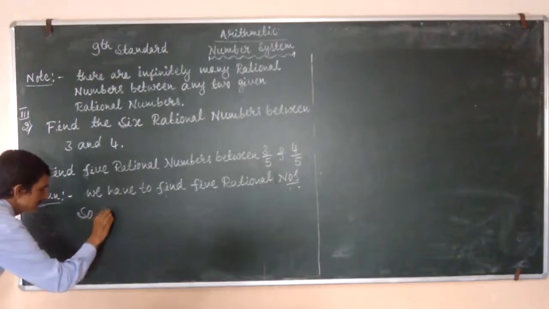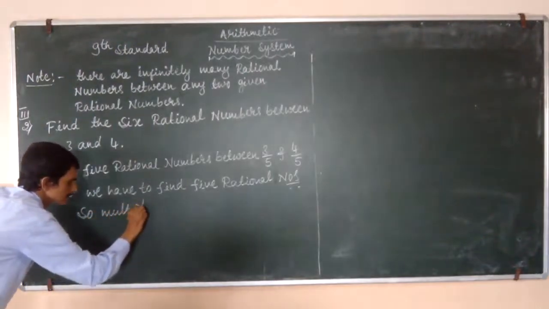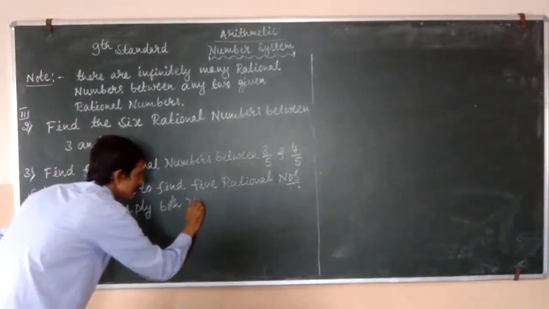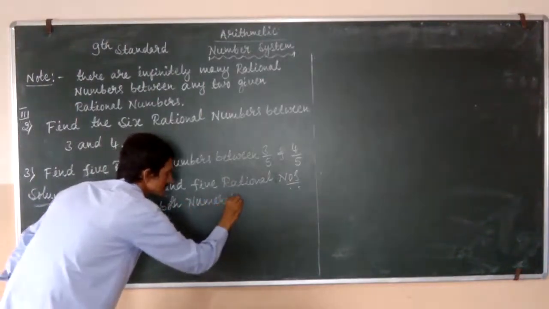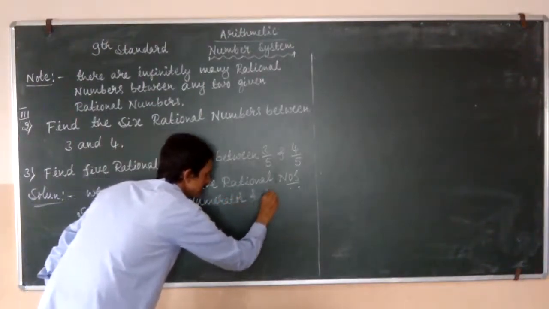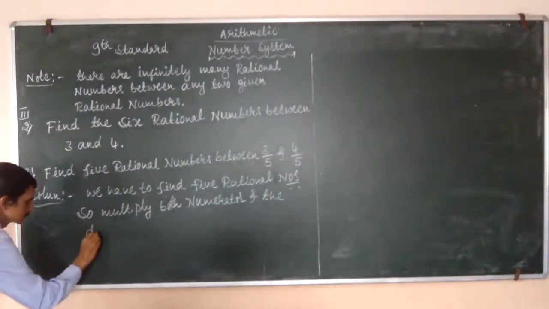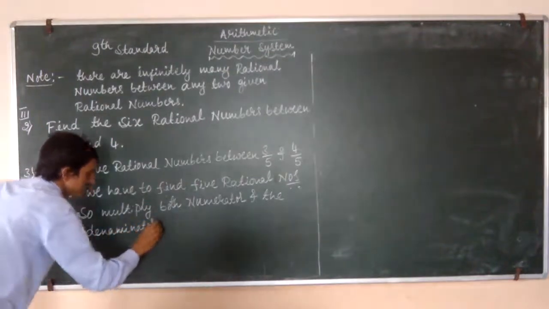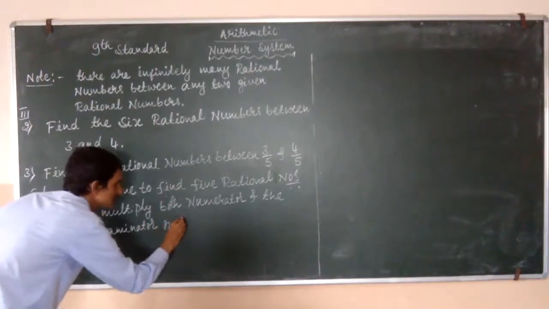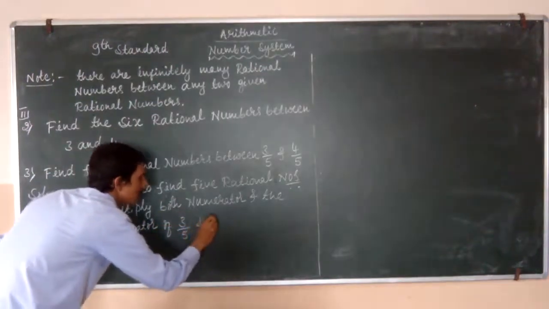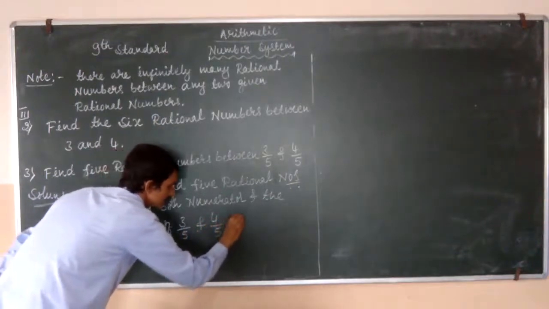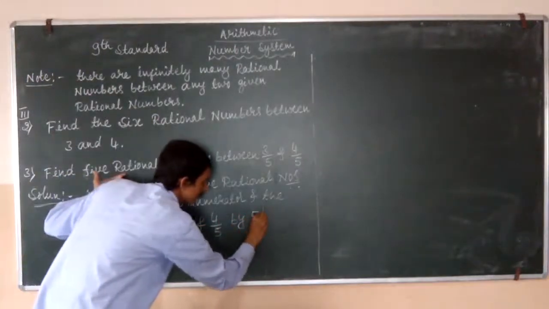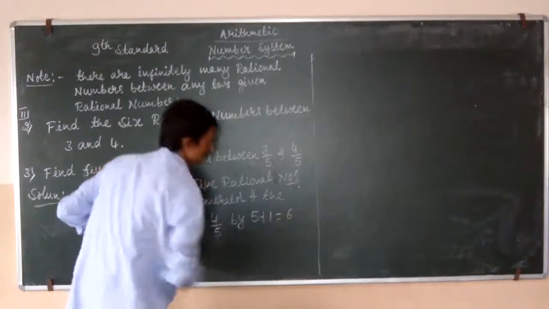So multiply both the numerator and the denominator of 3 by 5 and 4 by 5 by 5 plus 1. 5 plus 1 equals 6.